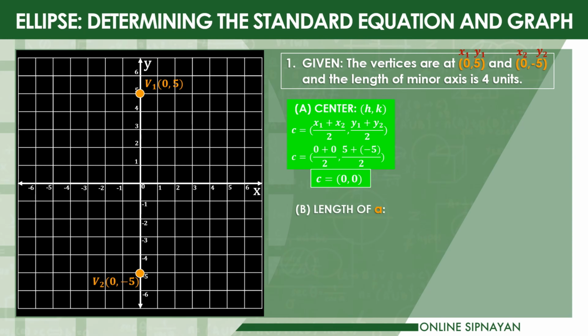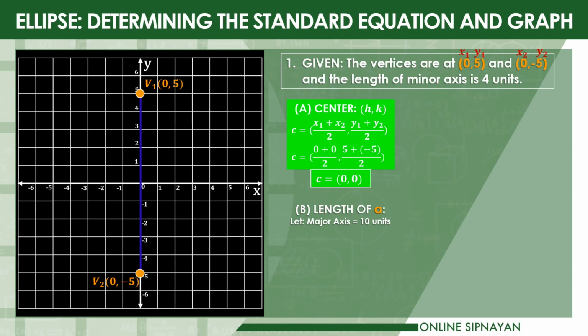Next, we're going to solve for the length of a. We know that vertices are the endpoints of the major axis. So by the given vertices, the length from vertex 1 to vertex 2 is the total length of the major axis, which is 10 units, if you're going to count it. So we're going to let the major axis be equal to 10.